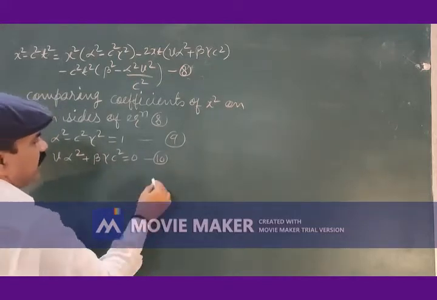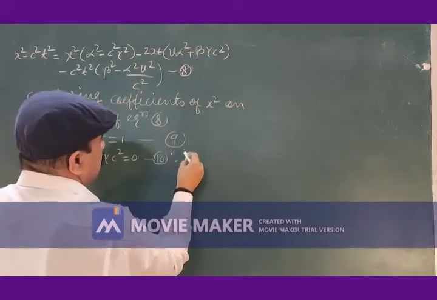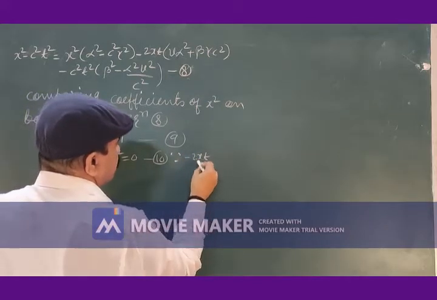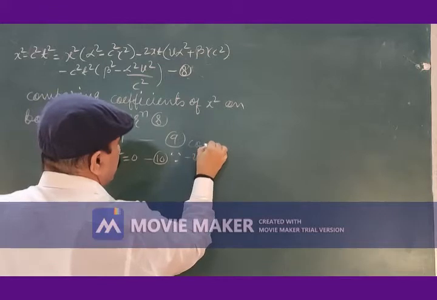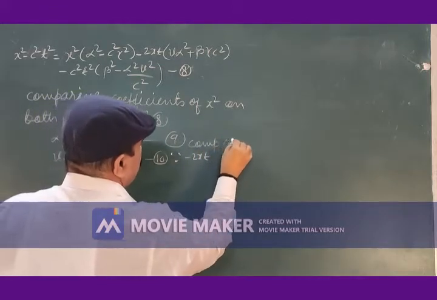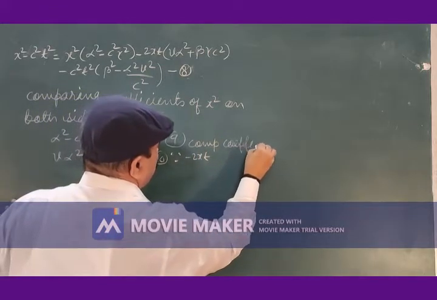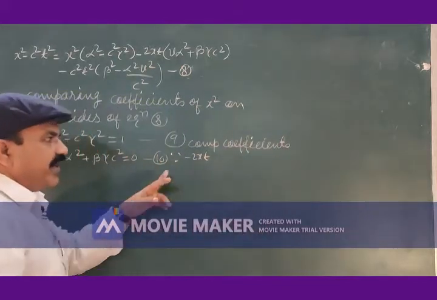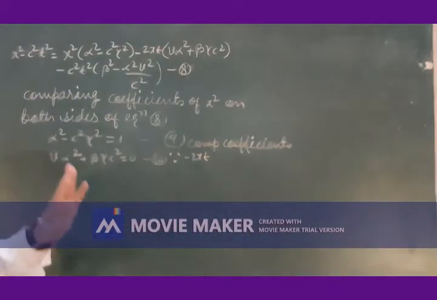Equation 10. This is obtained by comparing the coefficient of minus 2xt.